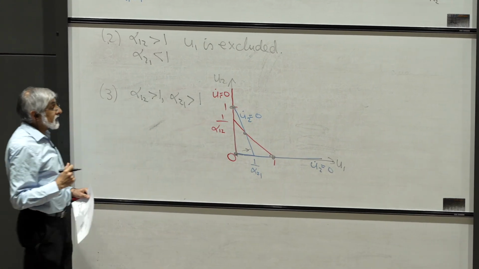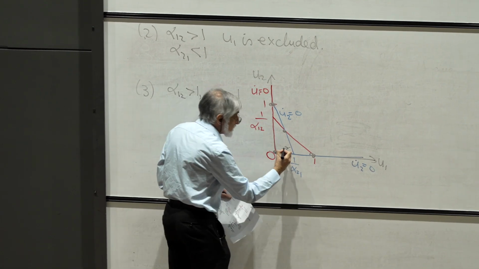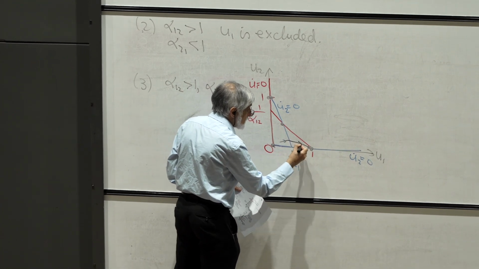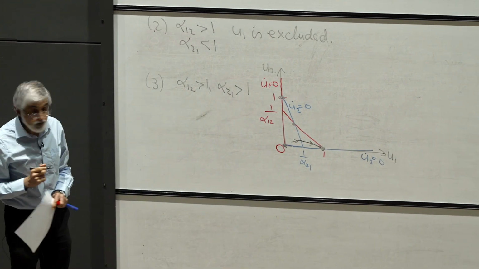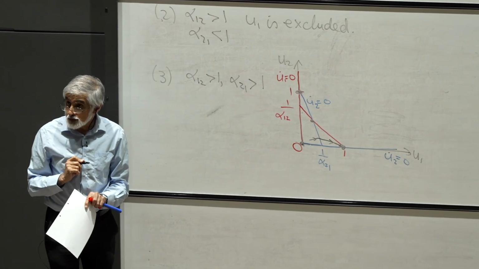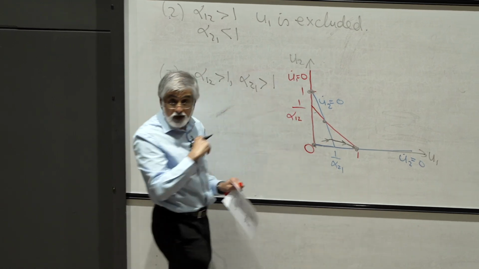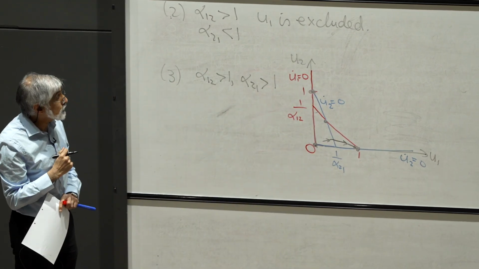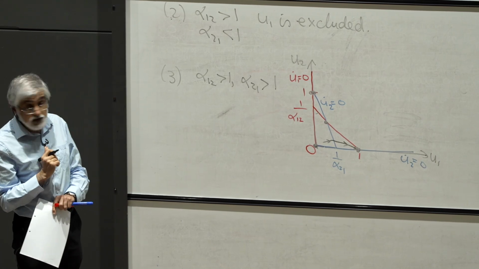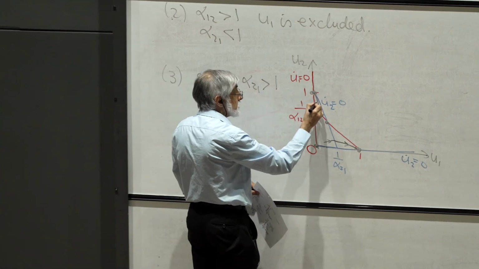Then we cross that line, and now u2 dot becomes negative, and we go to there. On the other hand, if we start here, u1 dot and u2 dot are both positive, we go up, but now we cross the red line, and now u1 starts to decrease. So we go to that one.